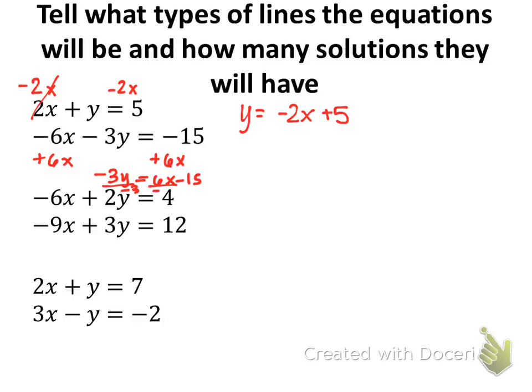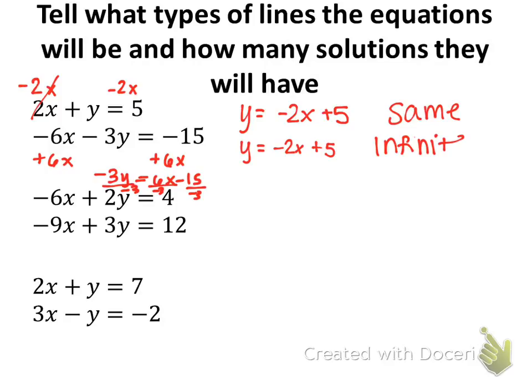Divide everything by negative 3. And I'm going to get y is equal to negative 2x plus 5. Now I look and I notice, okay, everything is the exact same in these. So whenever that happens, I know that they are going to be the same lines with infinite solutions.